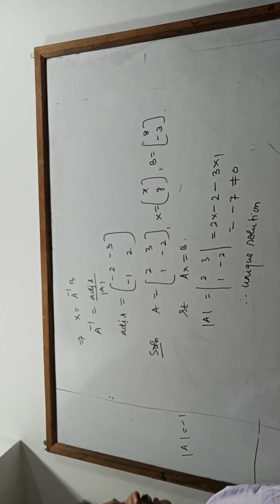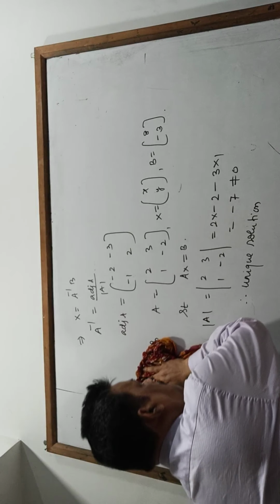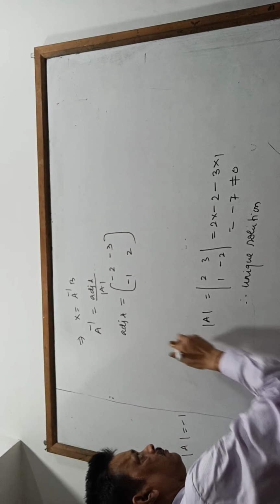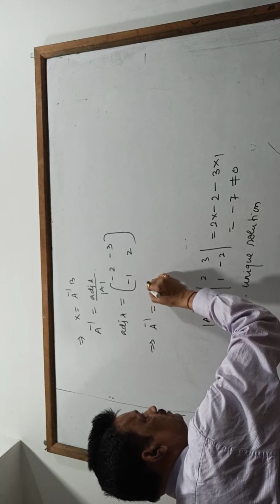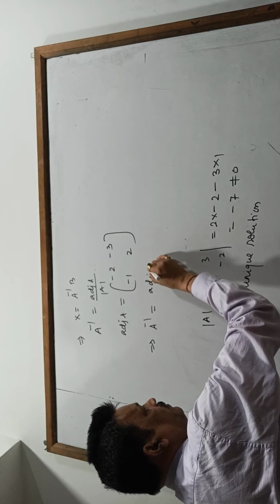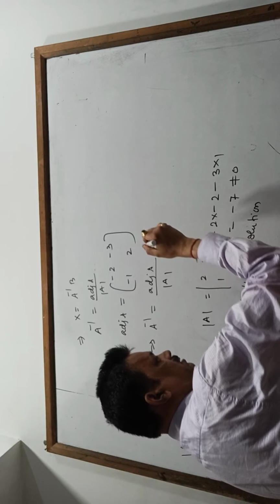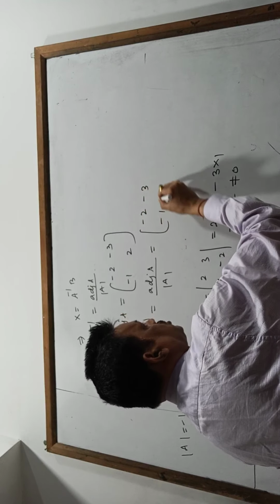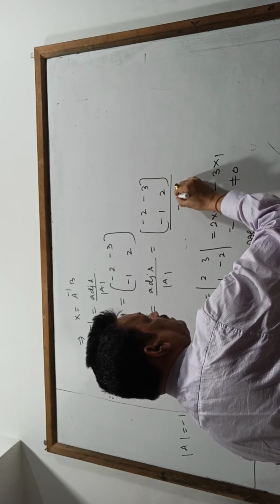Adjoint of A. Now A inverse equals to adjoint of A by determinant of A, that is minus 2, minus 3, minus 1, 2 divided by minus 7.